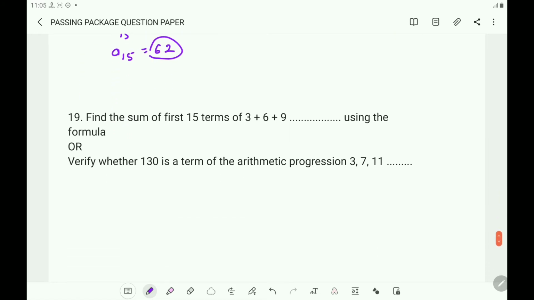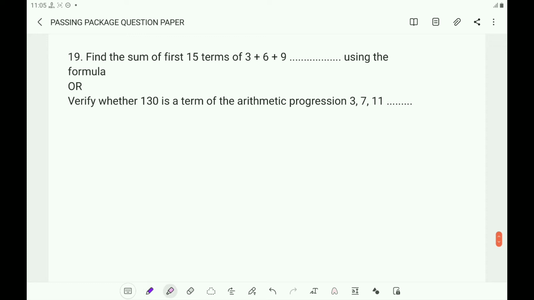Next, 19th question. What is that question? Find the sum of first 50 terms of 3 plus 6 plus 9 and so on using the formula. Our question is there. Verify whether 130 is a term of the arithmetic progression 3, 7, 11 and so on.